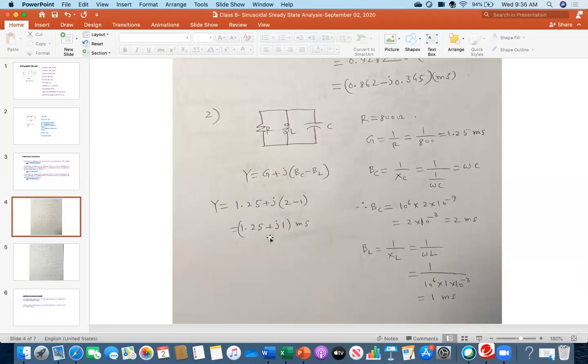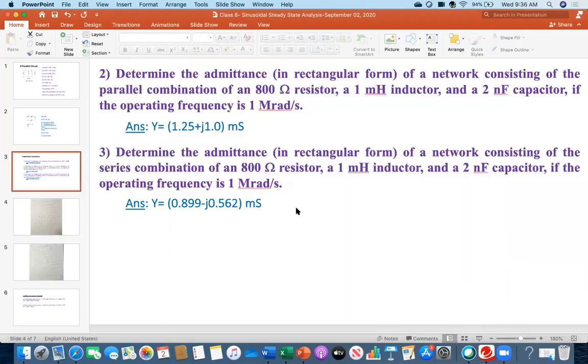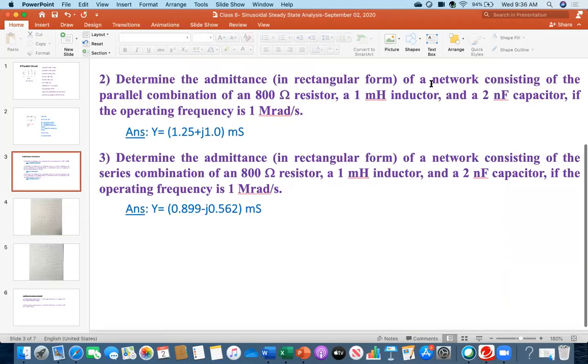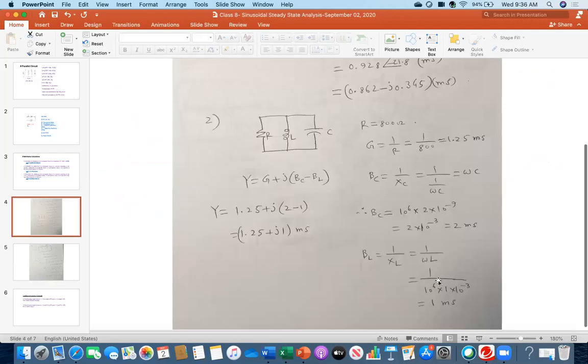That's the result in rectangular form, in millisiemens, and that was what you were asked in that problem. Determine the admittance of a network consisting of the parallel combination of resistor, inductor, and capacitor, given that your omega is this number. So this was the answer that I had written down, and I hope you all got that one.